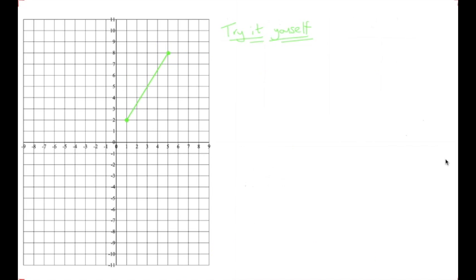Here's a question that I want you to do now, and then I'll go through it at the start of tomorrow's video. So remember, the first thing you have to do is find the slope. So step number 1, you find the slope. And step number 2, you use the equation of a line formula, which is y minus y1 equals m, which is the slope, times x minus x1.